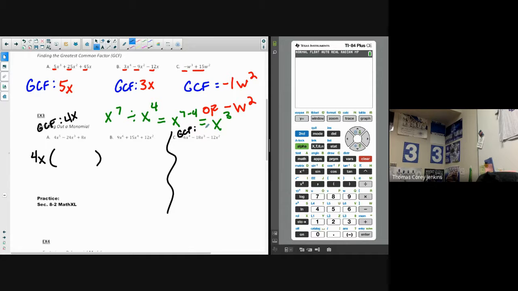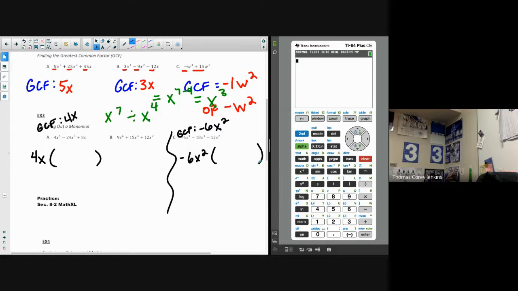Negative 6 goes into all of those. And we have x to some power attached to each term, so I want my lowest power of x. That would be x squared. So we're going to write this last one as a product of negative 6x squared times some trinomial.